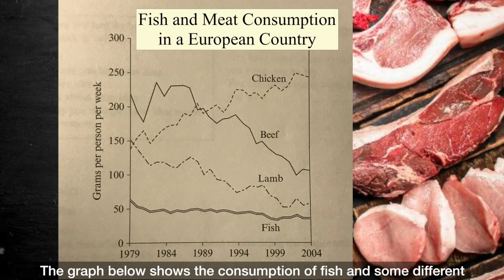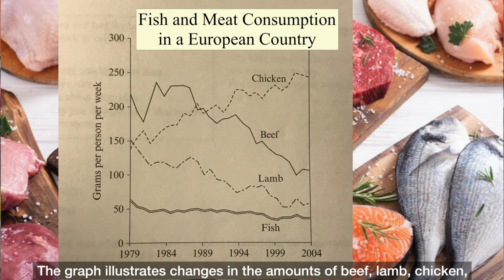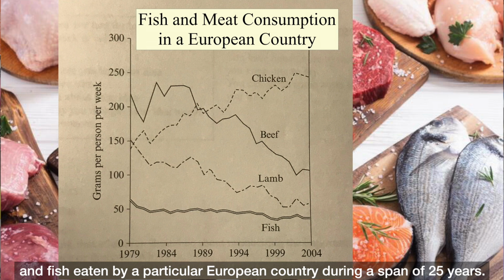The graph below shows the consumption of fish and some different kinds of meat in a European country between 1979 and 2004. The graph illustrates changes in the amounts of beef, lamb, chicken, and fish eaten by a particular European country during a span of 25 years.